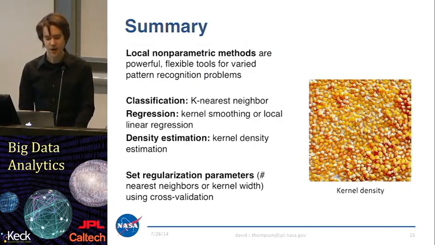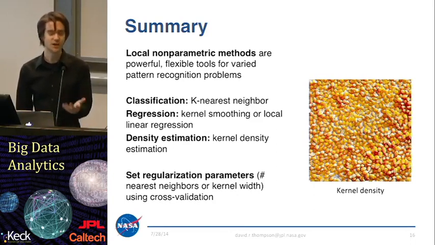Okay, so in summary, I've described some local non-parametric methods for pattern recognition. This is contrary to parametric methods that imply some global functional form for the process that generates the data. Here, we're just looking at local patches of data to infer the values of the underlying function or process at some query point.